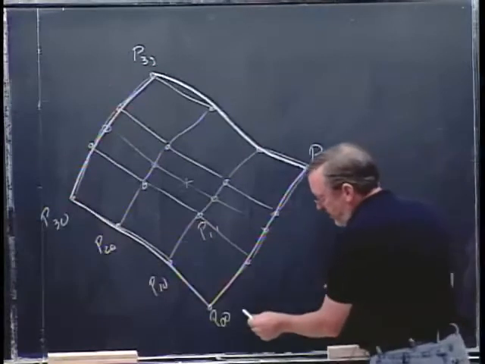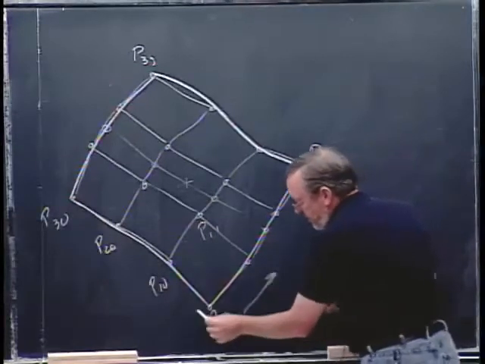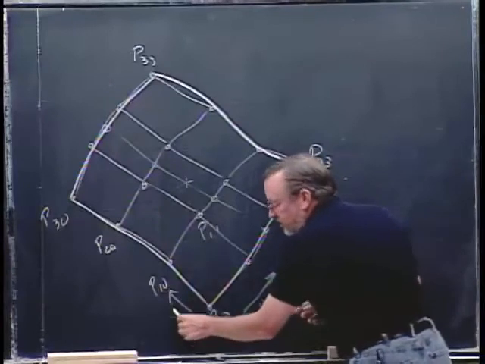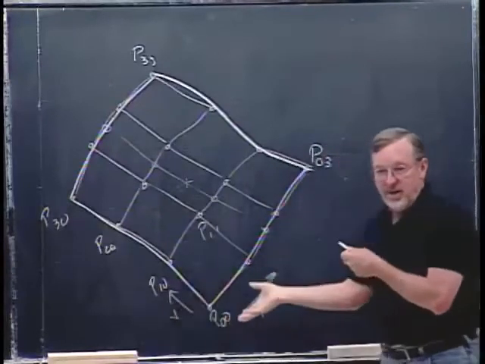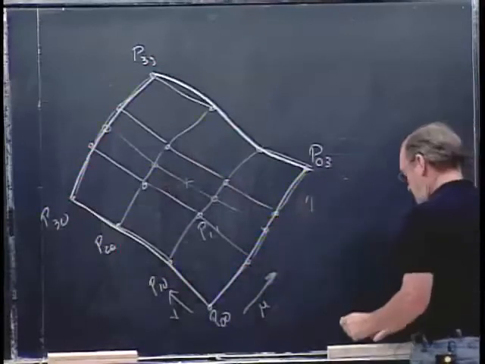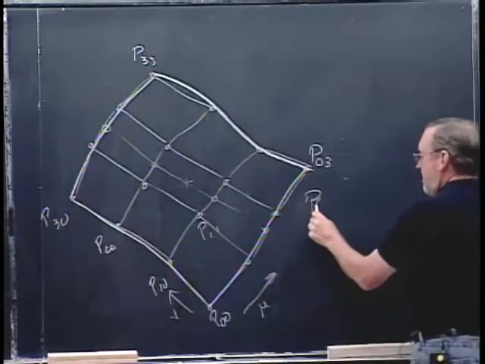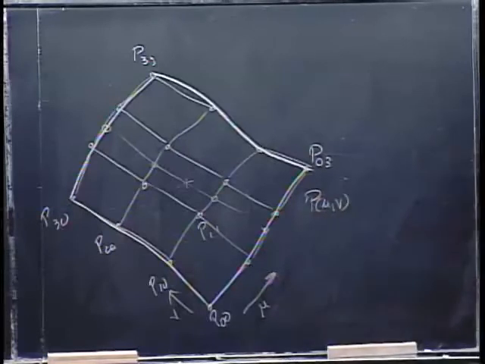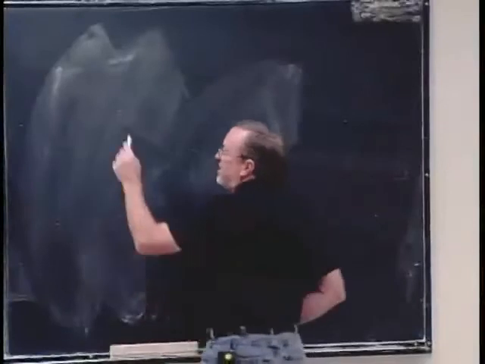Normally you think of this as going. There's a parameter u. There has to be two parameters now on a surface, a parameter u in one direction, and a parameter v. And so you get out something called p of u and v. And this you can actually write down in most cases.